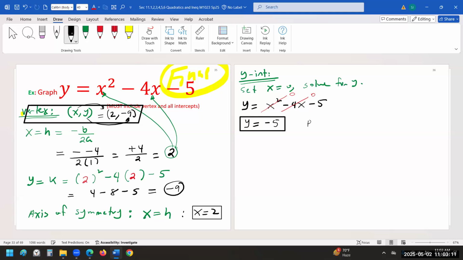But usually they like to see the intercept in point format. So how do you get y-intercept in point format? You need an x value and a y value. So you have your y value negative 5. We set x to be 0. So x value is 0 and y value is negative 5. So if they ask for the point, you have to give them the point. Otherwise, if they don't ask for point, y equals negative 5 is fine.